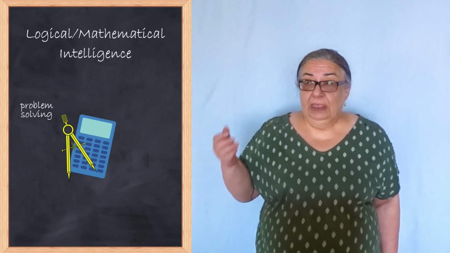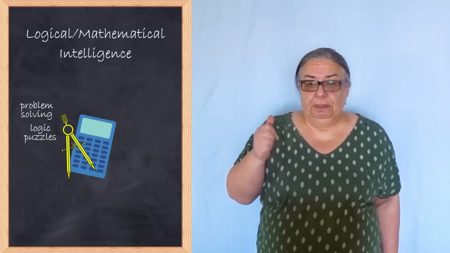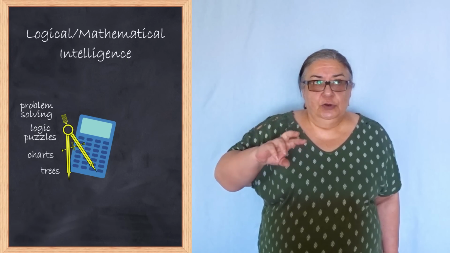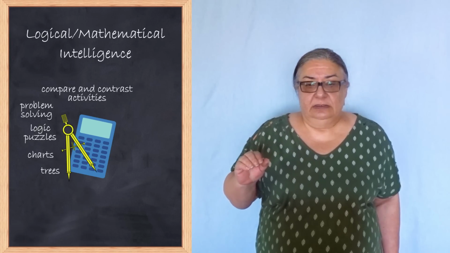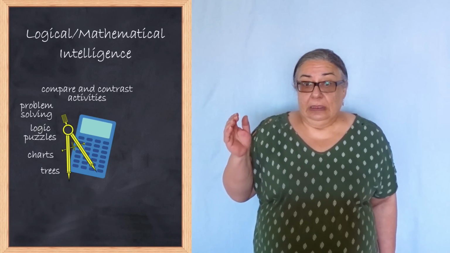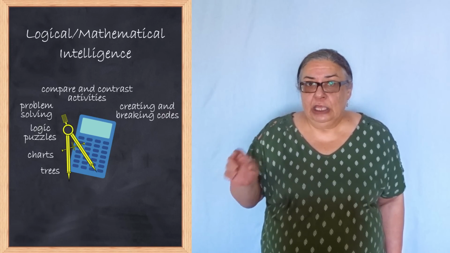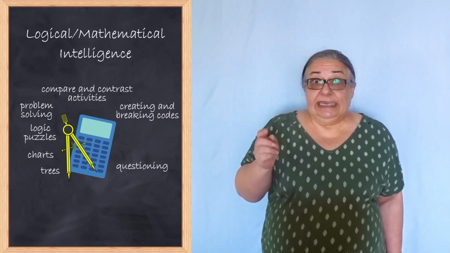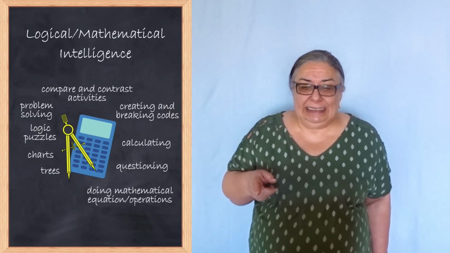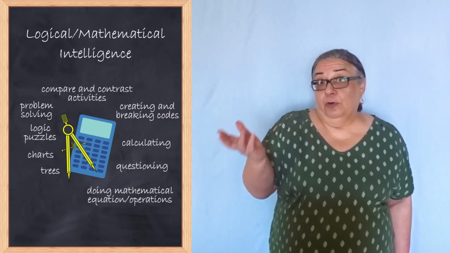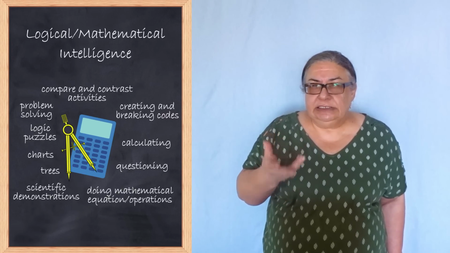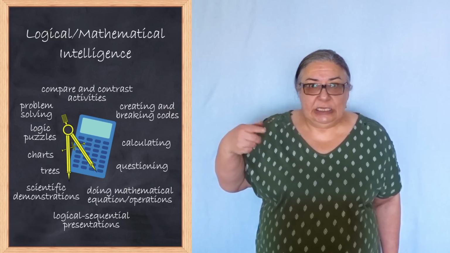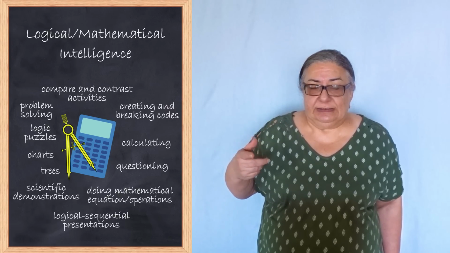Problem solving, logic puzzles, charts, trees, compare and contrast activities, creating and breaking codes, secret messages, questioning, calculating, doing mathematical equations or other operations, scientific demonstrations and experiments, logical sequential presentations.